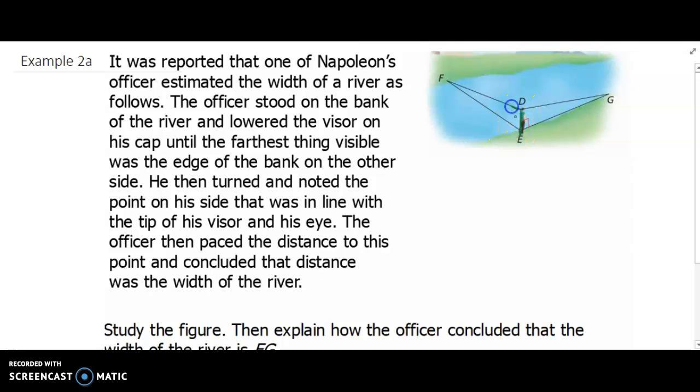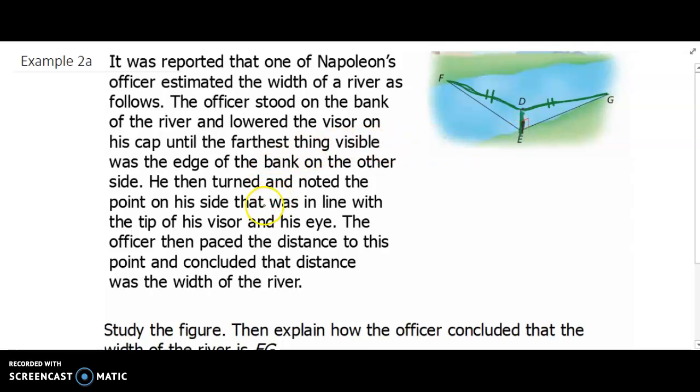So he lowered it to where this matched the other side. Then he turned and noted the point without moving his visor on this side that reached, which is right there. So we immediately know that this and this are congruent.